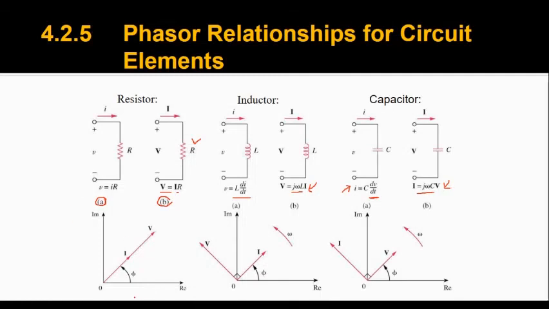The bottom part here is the voltage and current phase. For the resistor, the voltage is in the same phase as the current. For the inductor, the voltage leads the current, and for the capacitor, the current leads the voltage. So in the capacitor the voltage follows the current, and in the inductor the current follows the voltage.